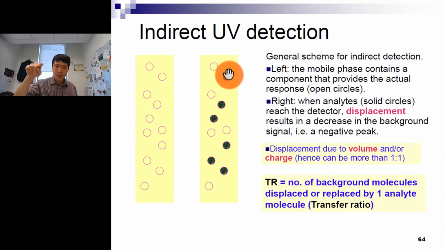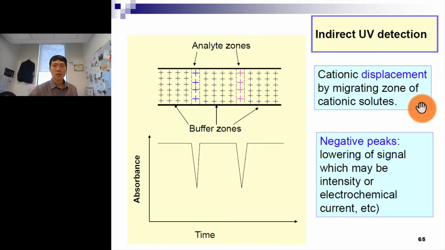So in terms of this displacement, using the volume, this is what we call the TR. The transfer ratio is about measuring the number of background molecules that are displaced by one analyte molecule. So in this case, we have something like cation displacement.